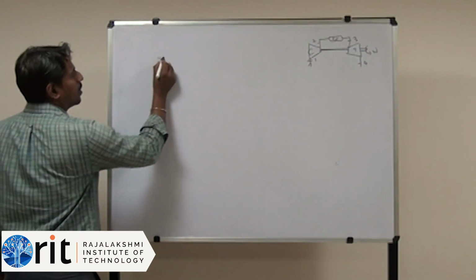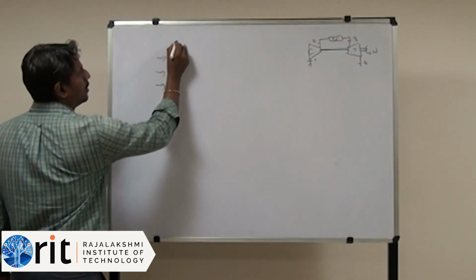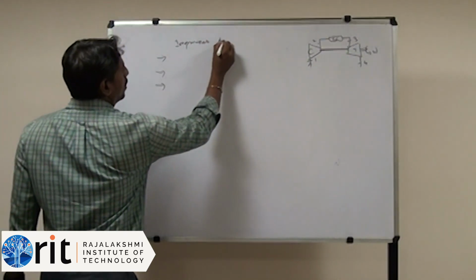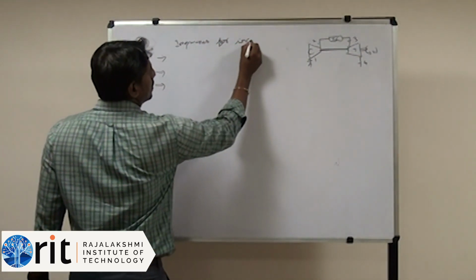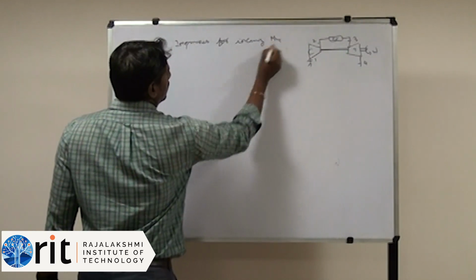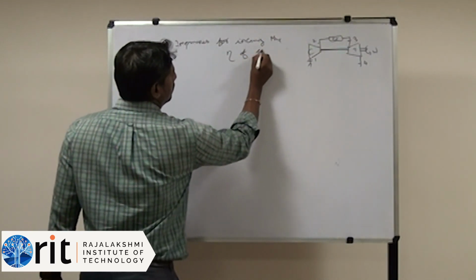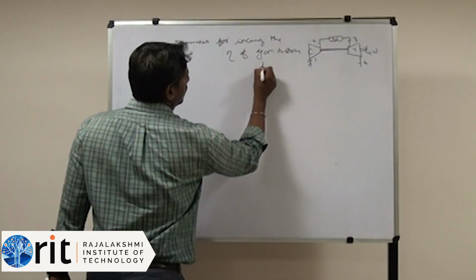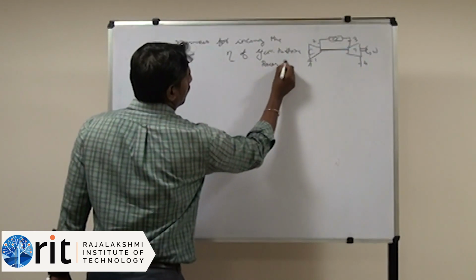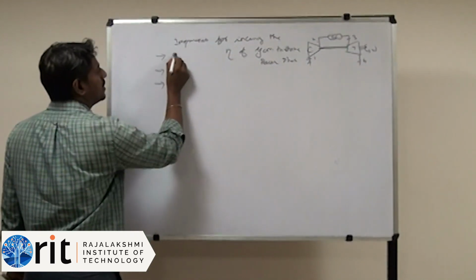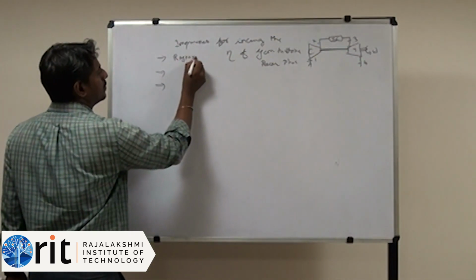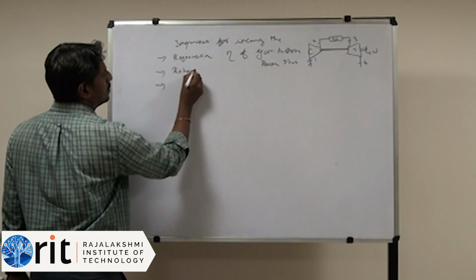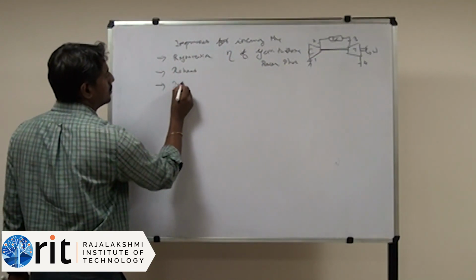Okay, so there are three types. Improvements for increasing the efficiency of a gas turbine power plant: regeneration, reheat, and intercooling.